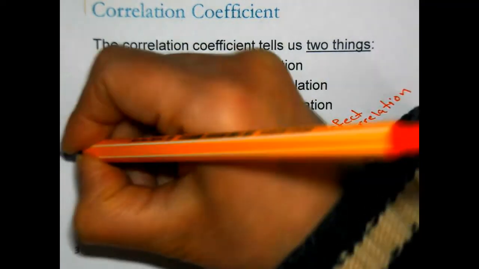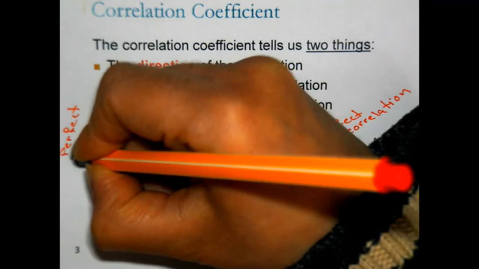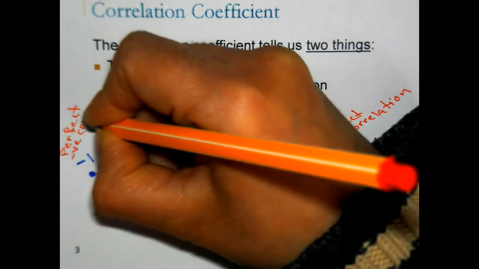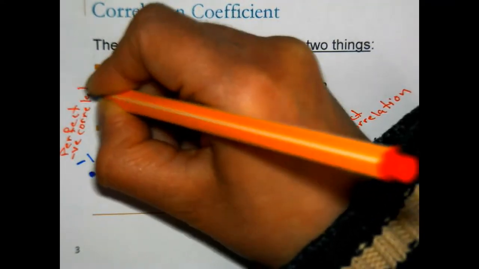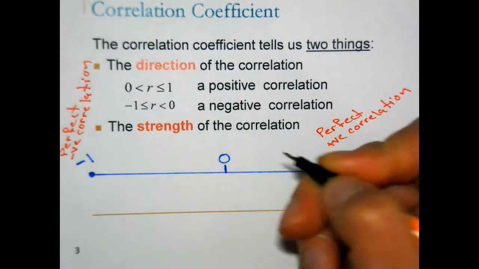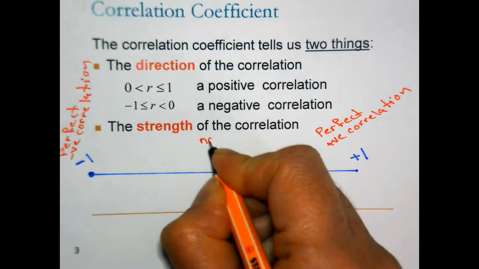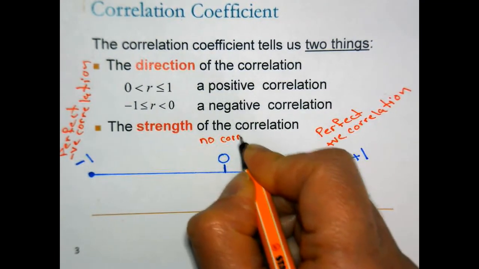And -1 here, perfect negative correlation. 0, if you get your Pearson's R to be 0, that means no correlation. There is no correlation. It's just random data.